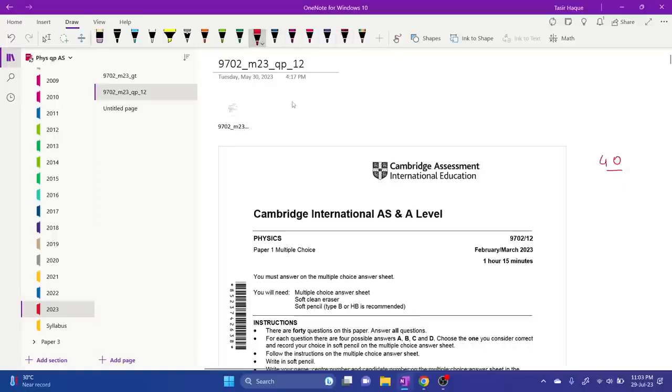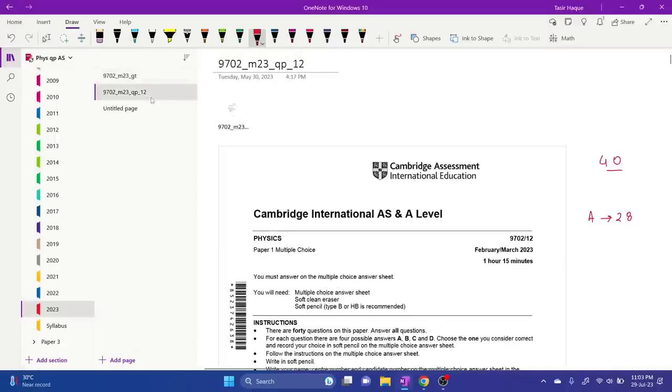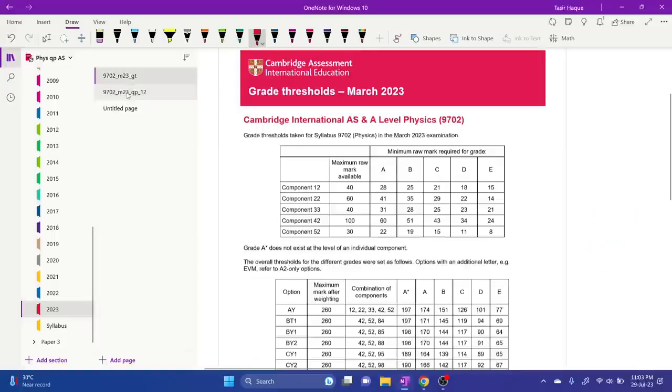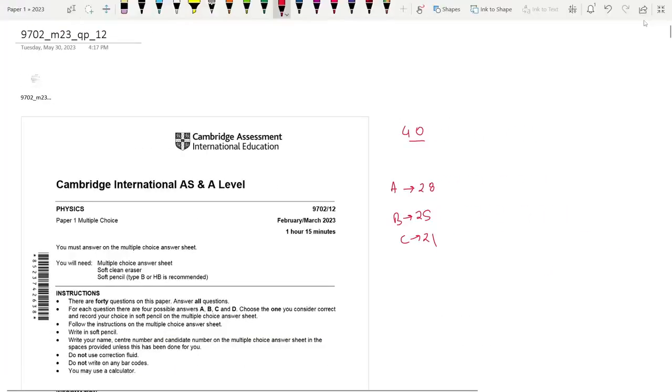A was at 28, B was at 25, C was at 21, D was at 18, and E was at 15. A star was probably at around 31 to 32, or a bit higher.